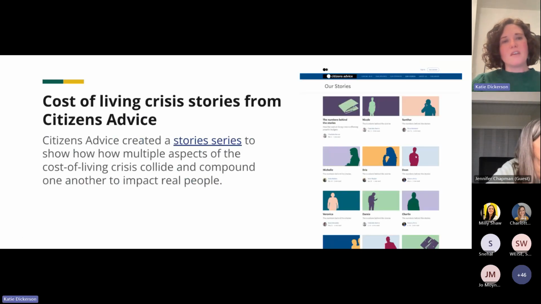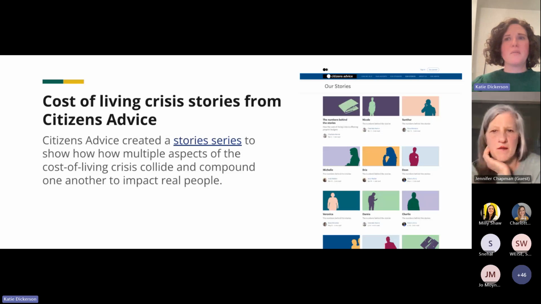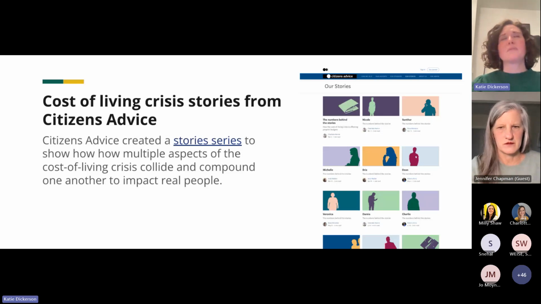I also really like these cost of living crisis stories from Citizens Advice. Citizens Advice created this story series to show how multiple aspects of the cost of living crisis collide and compound one another to impact real people. So you may have seen Citizens Advice had created this cost of living tracker, which tracked the cost of living crisis in terms of numbers and the sort of inquiries that they were getting.